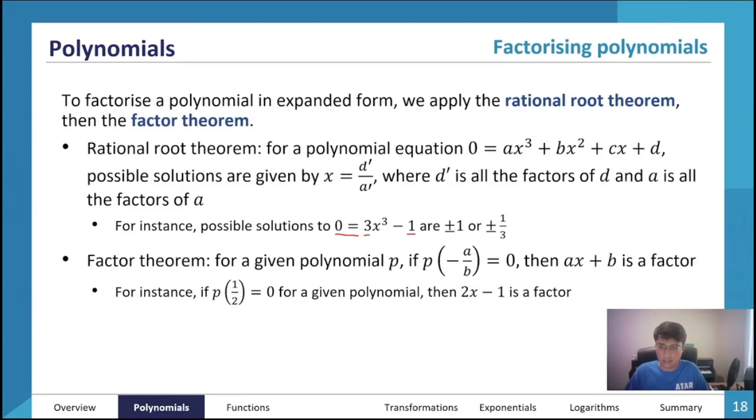Our a prime value here is 3. It could be 1 or 3, because the factors of 3 are 1 and 3. So we can do 3 times 1, or we can do negative 3 times negative 1. Those are all factors. So putting all our possible values of d prime over all our possible values of a prime, we're either going to get plus or minus 1, that's the factors of 1, over plus or minus 1, because that's also a factor of 3, and so that's going to end up being plus or minus 1, as we see here.